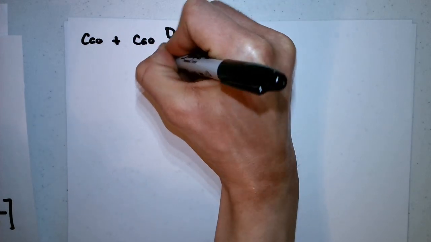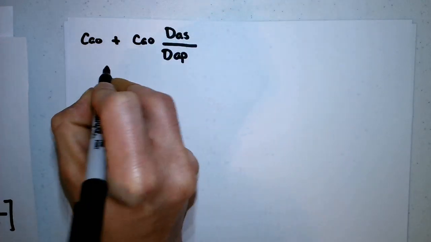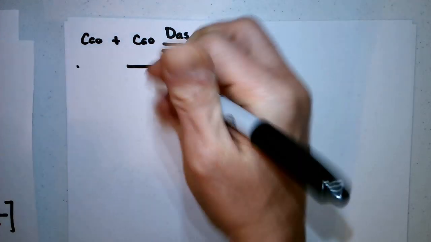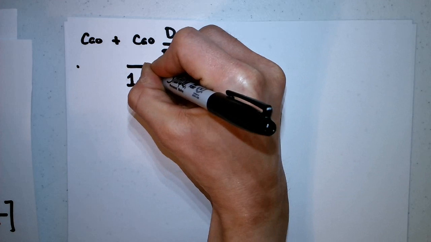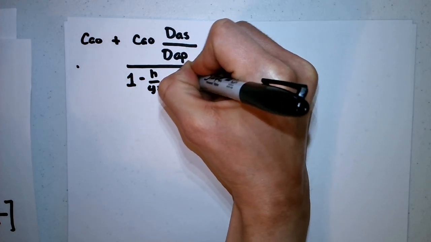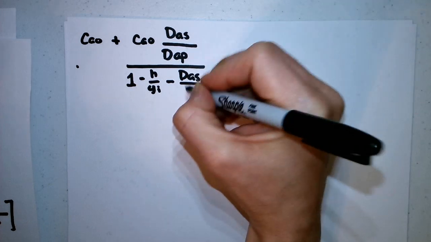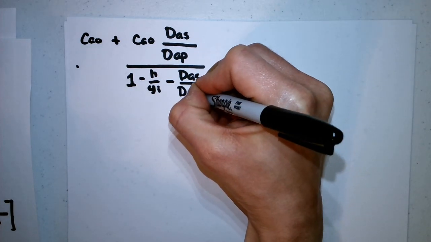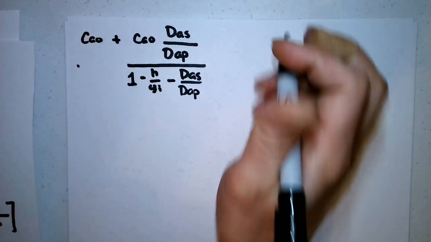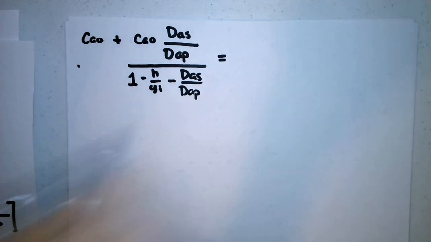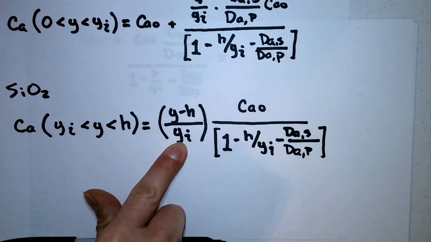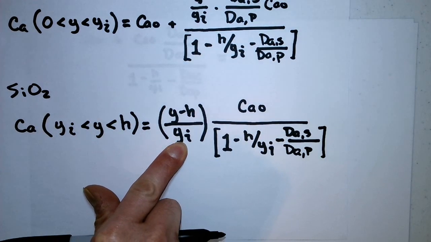Ratio of diffusivities all over, just this portion, over 1 minus h over yi minus this diffusivity ratio.